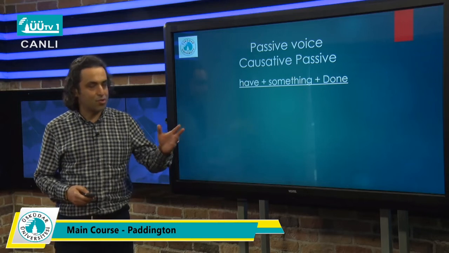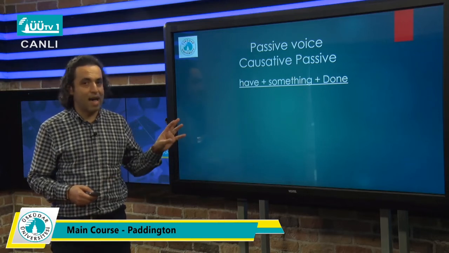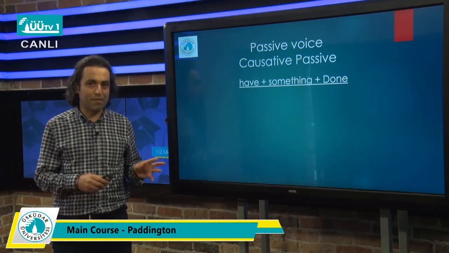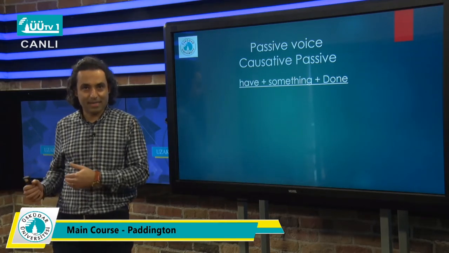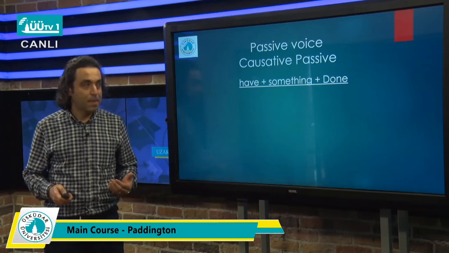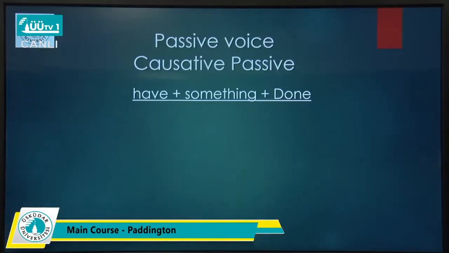And in this structure, the main verb is have. So if you want to talk about future, it turns to will have, and if you want to talk about past, it will be had. As you can see, the title is causative passive. So again, the actor is absent, but the person who's the cause of that action always comes in the sentence.